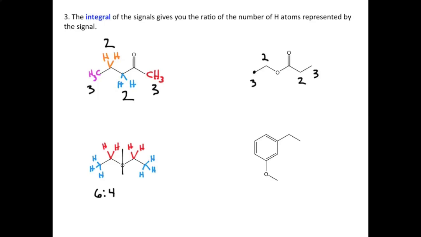But remember, this is always a ratio, so this can be represented by 6 to 4, or more realistically, we'd give the least common factor here and represent this ratio by 3 to 2. Most likely this would be represented as a ratio of 3 to 2. If we look at our final example, let's draw in our hydrogens.